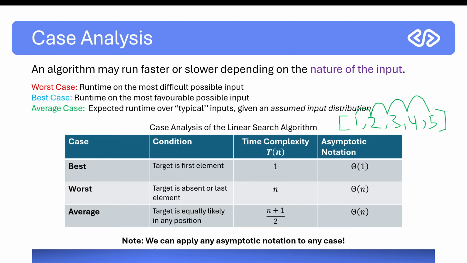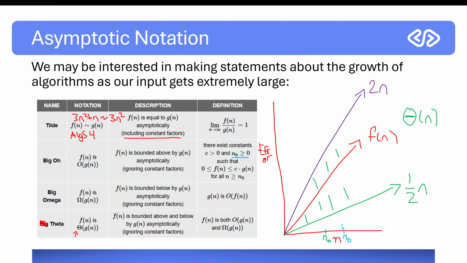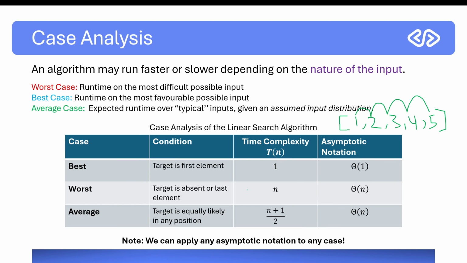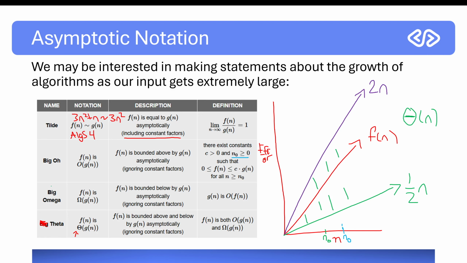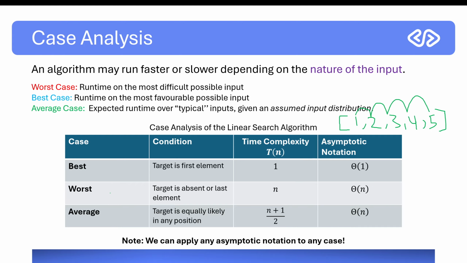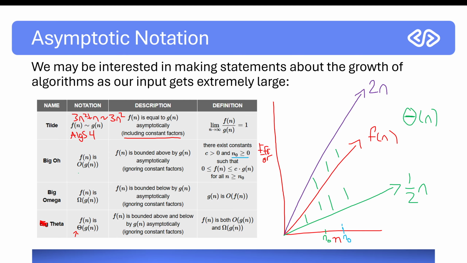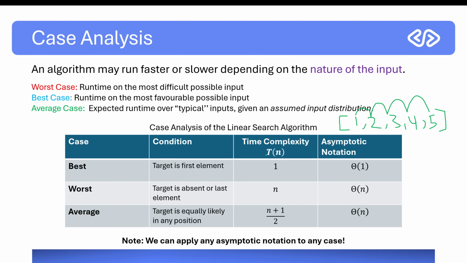And just one note, just as computer scientists, this is very important. We can use any of these notations to describe any of these cases. I think a very common misconception is that big O can only be used for the worst case analysis. But these are just properties of a function, and we have 3 different functions.